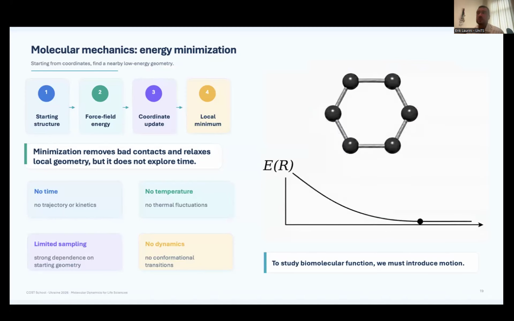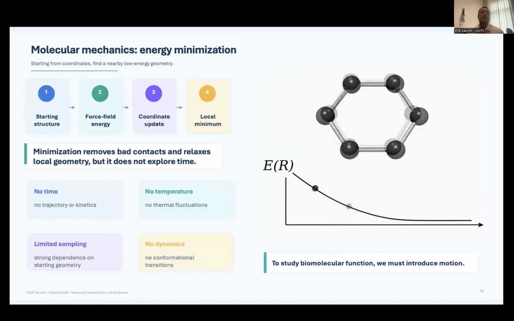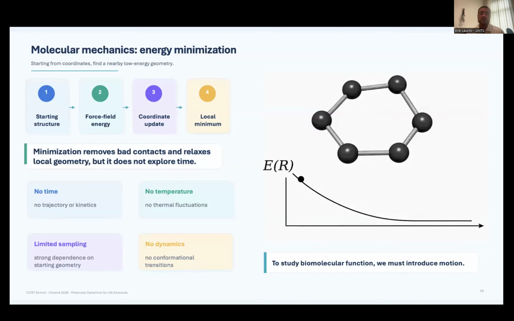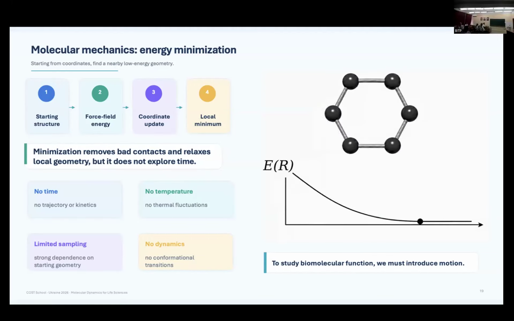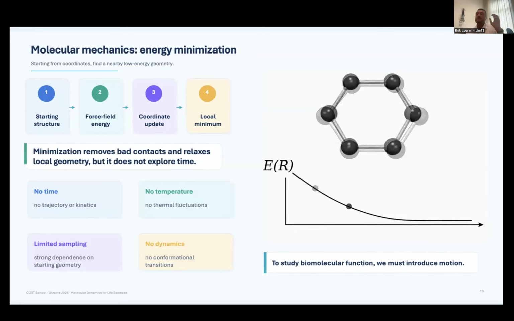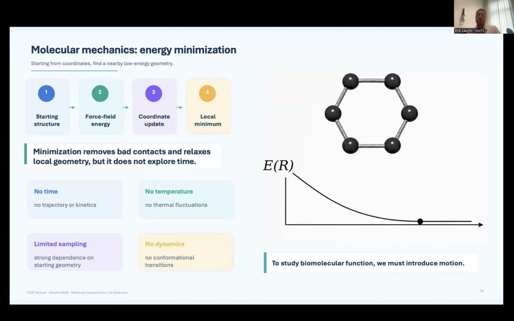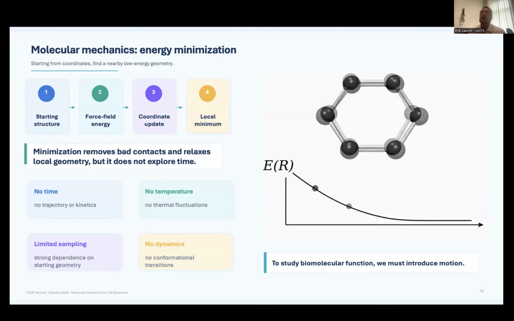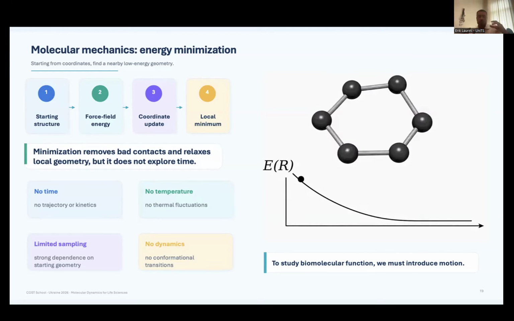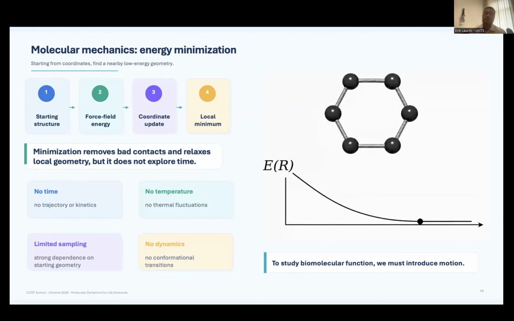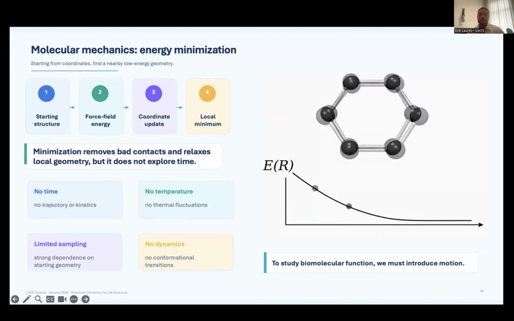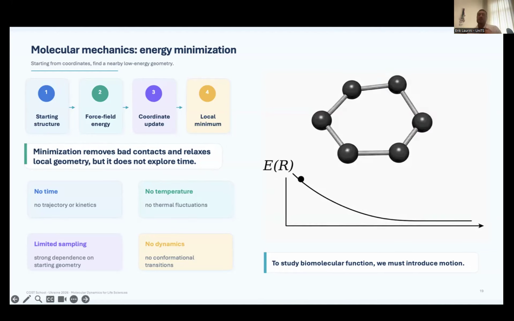So atomistic molecular simulation always starts with molecular mechanics. Why? Because first of all, we have to perform energy minimization. Independently of the source from which you obtain the starting coordinates, these coordinates are not optimized. So we have to apply a mathematical approach, a minimization algorithm able to modify statically the coordinates of the system by applying the force field equation and find a decrease in the energy of the system.